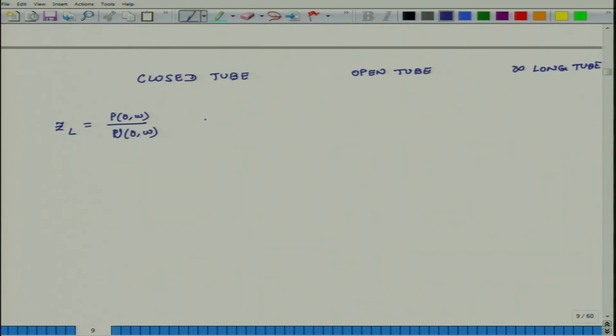So, ZL is equal to infinity here. In an open tube, what is the pressure at the open end? Pressure is 0. So, ZL is 0 in this case. And in an infinitely long tube, we know that specific acoustic impedance does not change from position to position and remains the same. So, this is Z0.